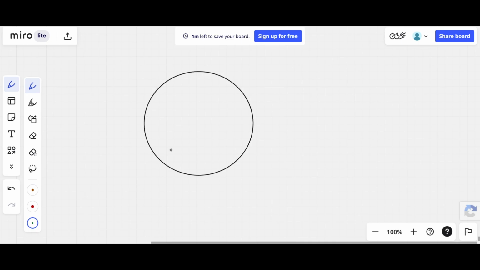This is the center of your circle, and this is my radius. The radius, which is a straight line, is the diameter. So here it is 180 degrees. So this is your diameter. Then this is your circumference.